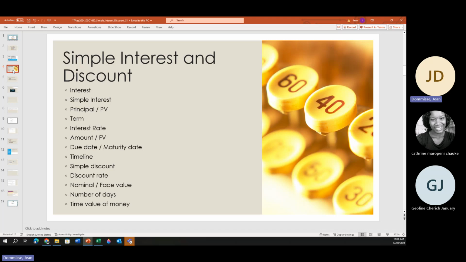Okay, so simple interest, there are a few things that we will need to understand, and in the next session, when we look at compound interest, we will broaden some of those things.